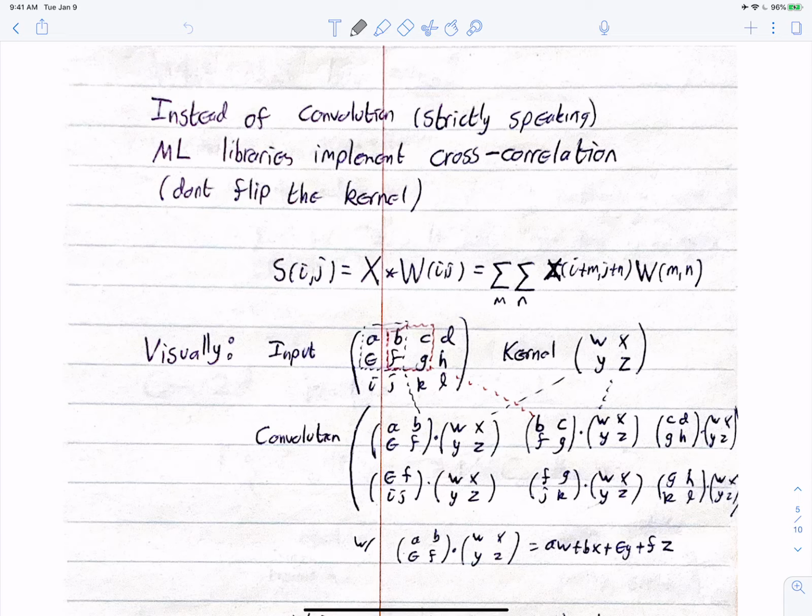So visually we can see this as follows. Suppose my input is this 3x4 matrix with the letters A through L arranged as so, and the kernel is this 2x2 matrix w x y z.